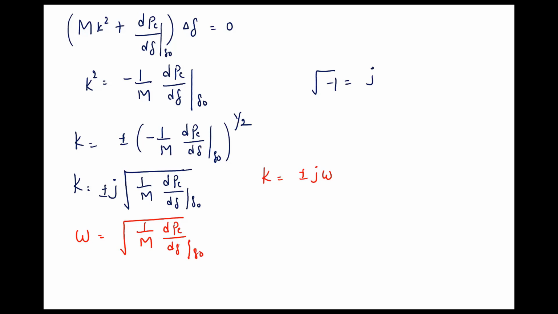So differentiate Pe with respect to δ and substitute the δ₀ value. This is the frequency of the oscillations made by the rotor when it is subjected to a small disturbance.